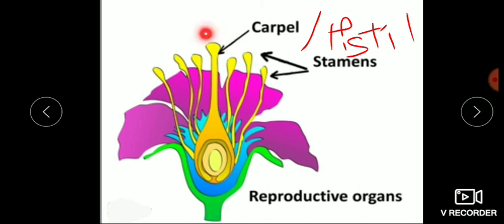The stigma is at the top, the style in the middle, the ovary at the base, and the transfer of pollen grains from anther to stigma is called pollination. And thus it is clear the flower is a reproductive organ.